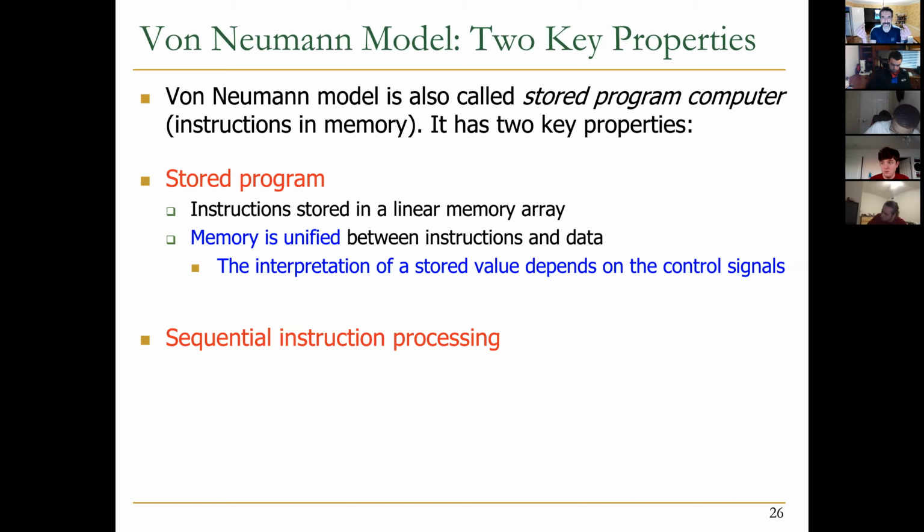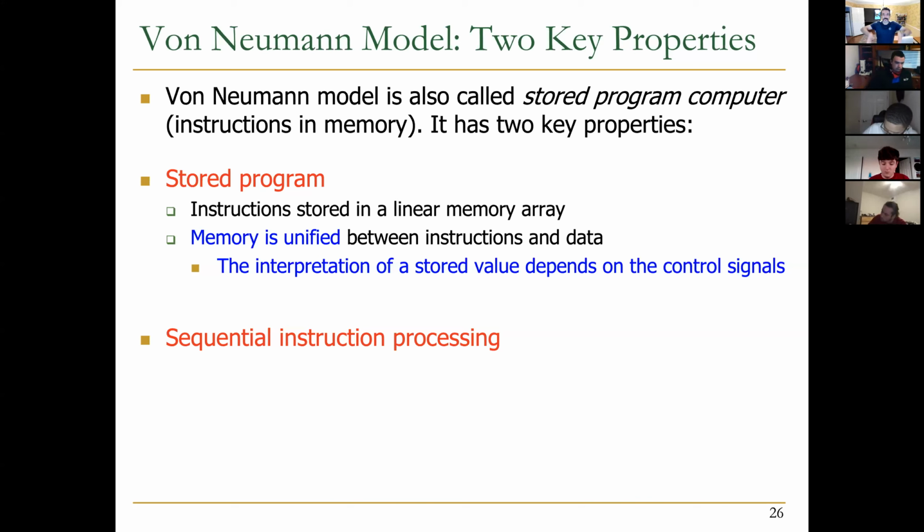Either you can say that, okay, this location contains an instruction, this location contains data, right? The way you interpret the value is how you differentiate between what is data and what is instruction inside the memory. This capability of differentiating these two is a way to execute the program.